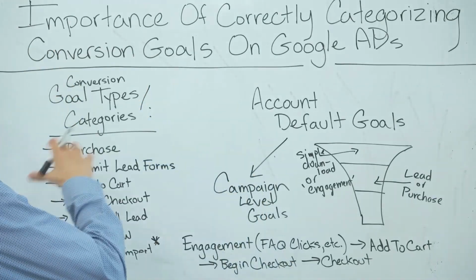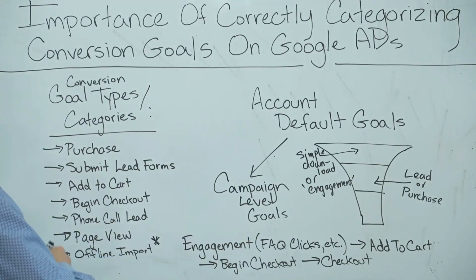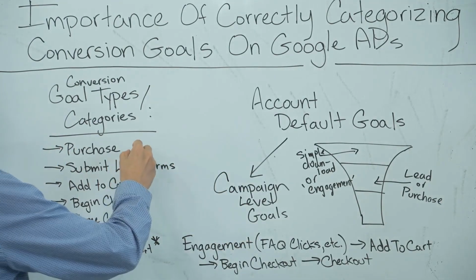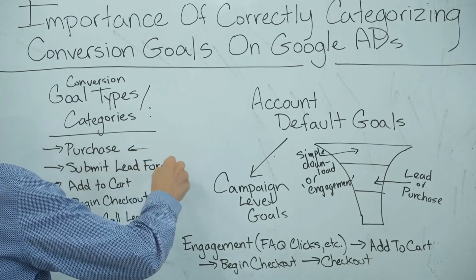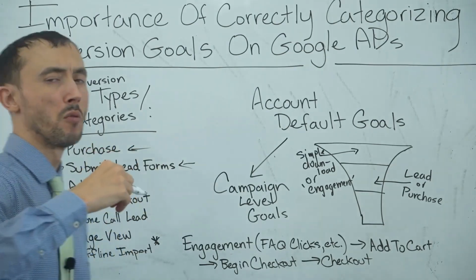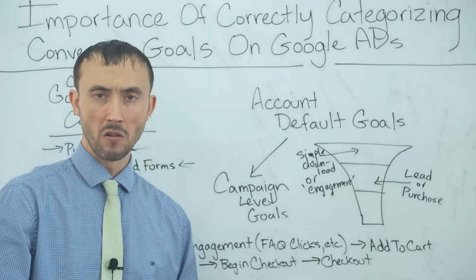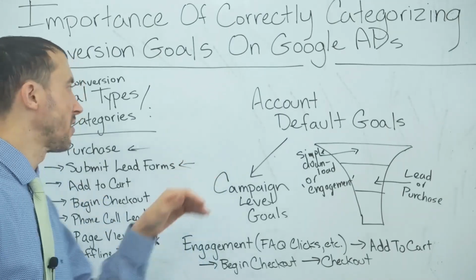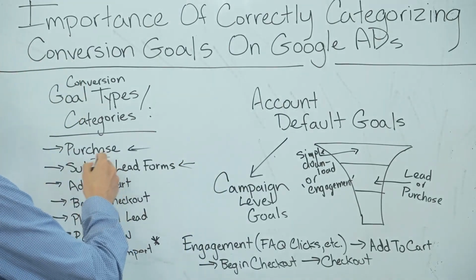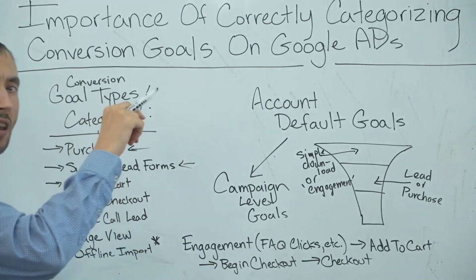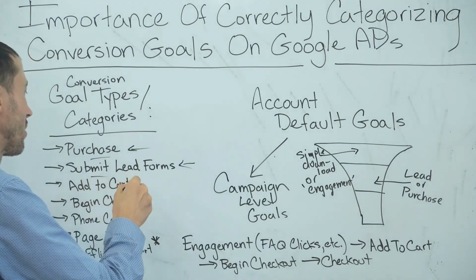When you go ahead and set up your Google Ads conversion goals, the goals by themselves you can categorize based upon what they are, or Google will categorize it for you. You'll see under your account there'll be conversion goals under purchase in terms of the category label, some will be under submit lead forms.